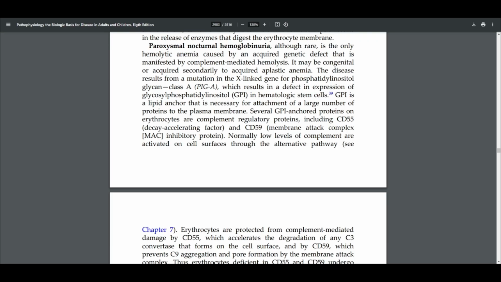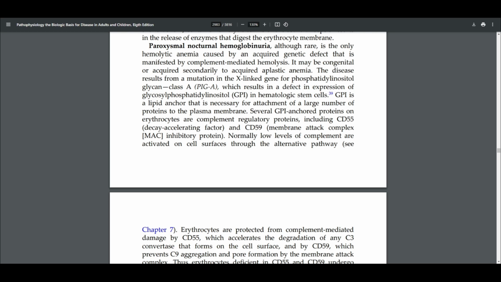The disease results from a mutation in the X-linked gene for phosphatidylinositol glycan class A, also known as PIGA, which results in a defect of expression of the glycophosphatidylinositol in hematologic stem cells, also known as GPI.